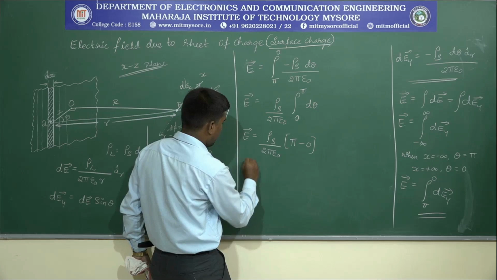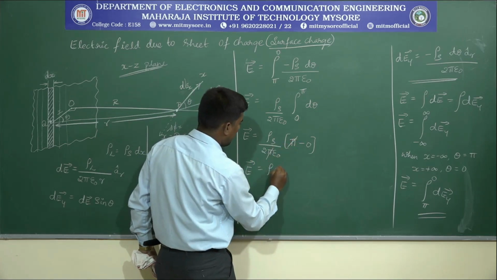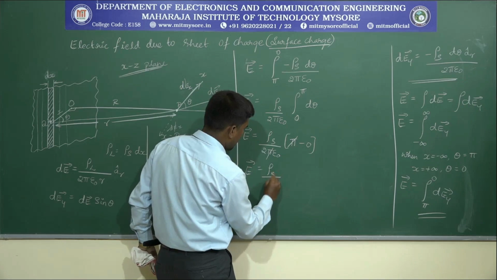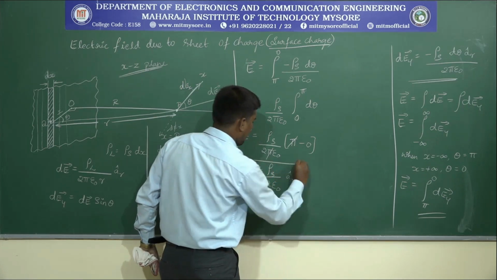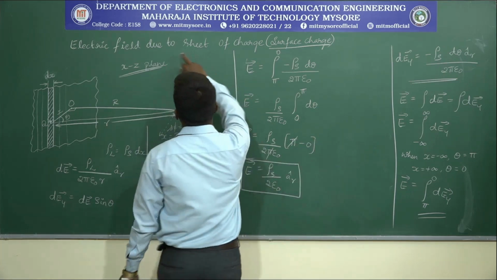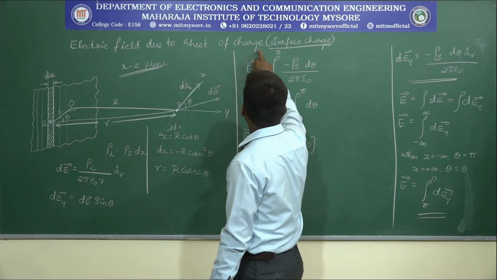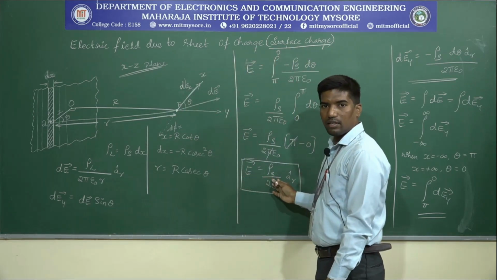So E is equal to rho s, pi gets cancelled, divided by 2 epsilon naught into a cap r. This is the total electric field intensity due to a sheet of charge, that is surface charge. This is the equation. Got it?